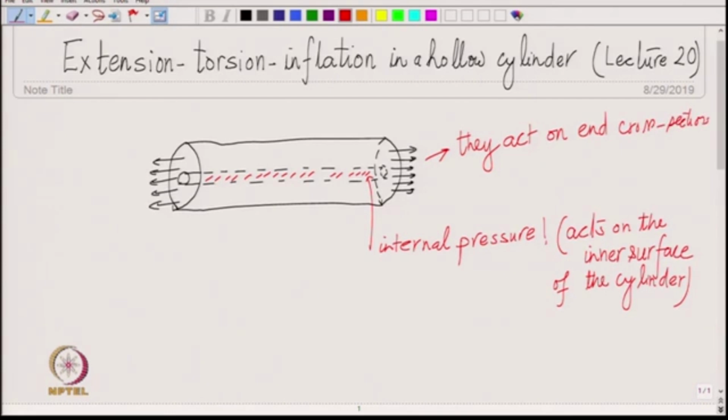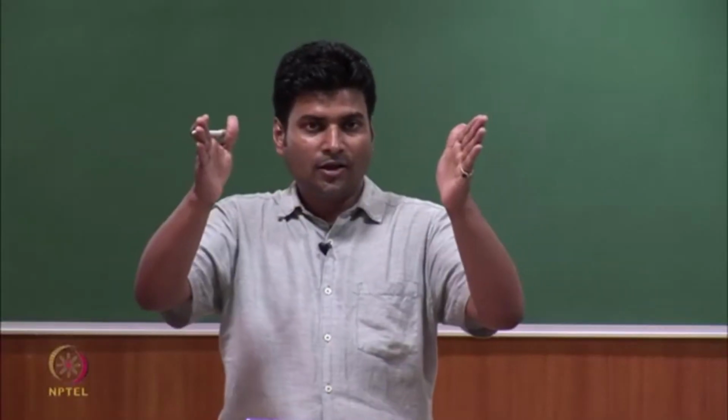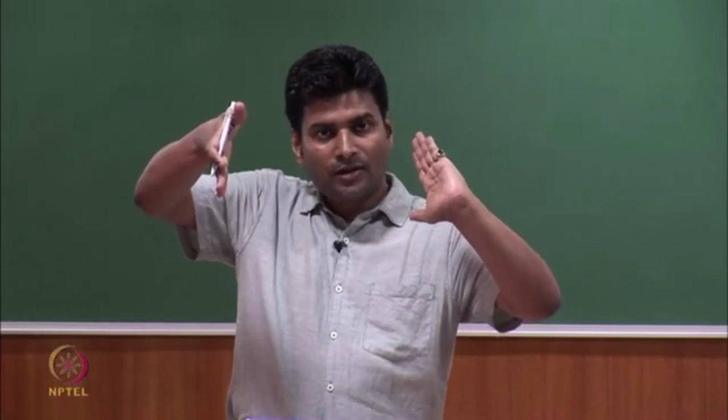And when we also want to insert torsion in the cylinder, then the two ends here have to be rotated in opposite directions, right. Okay. So, here is the cylinder, you rotate the cross sections in opposite directions.